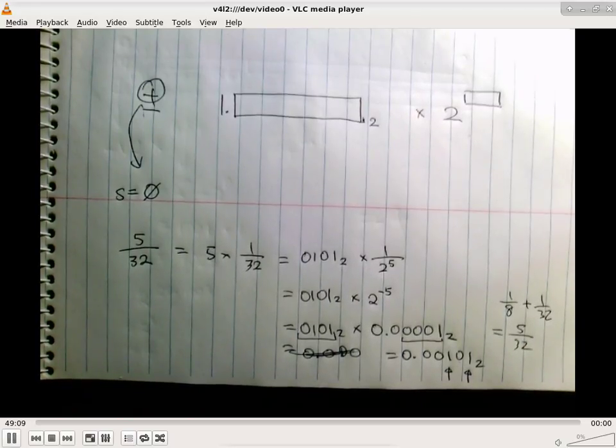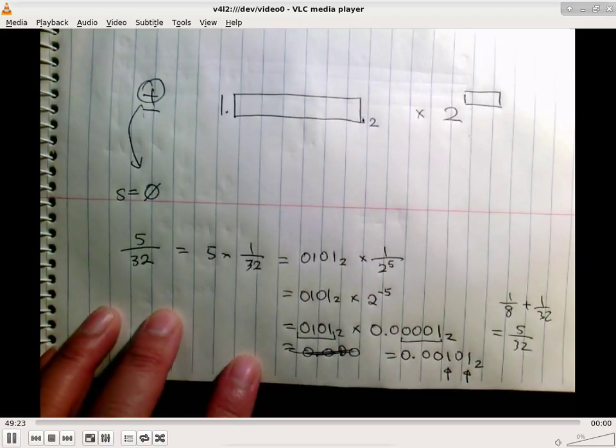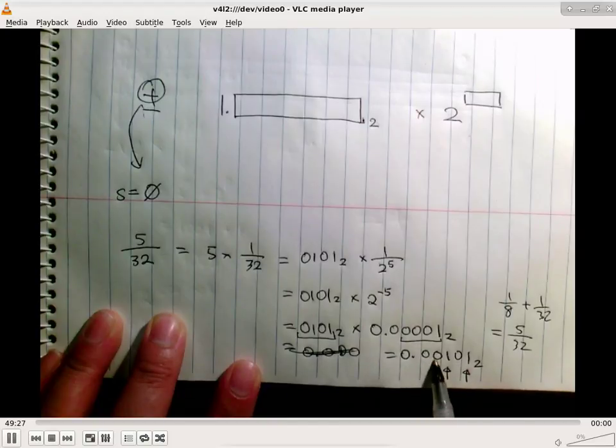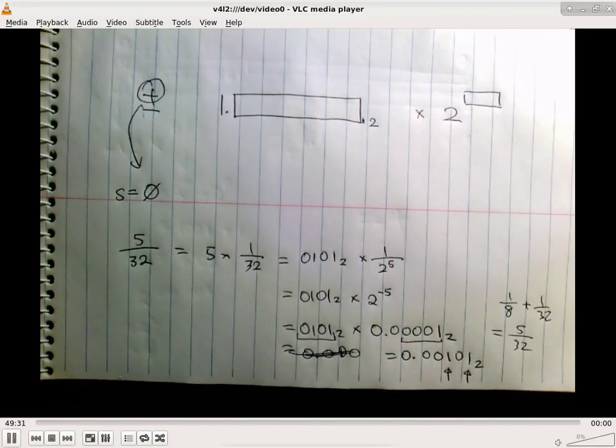Are we doing okay so far with this conversion? Yes? Okay. All right, so now that we know the value that we want to represent is 0.00101, how many times do I have to shift until we have it represented as 1 point something?